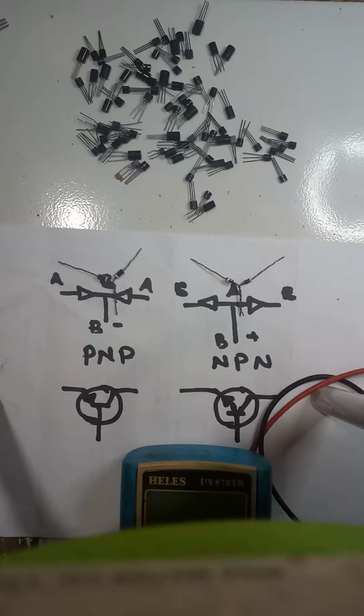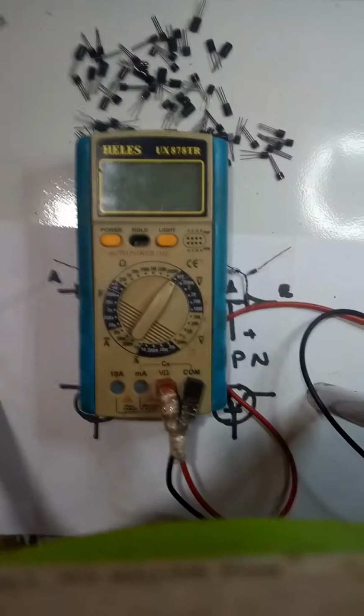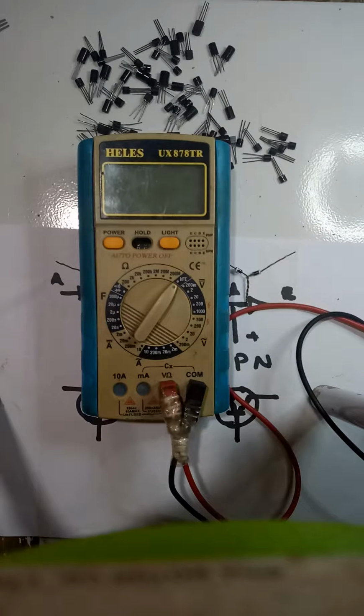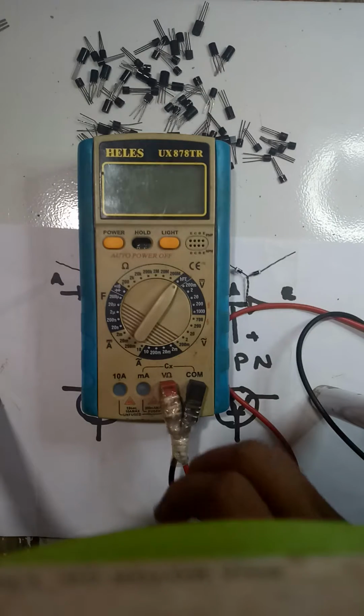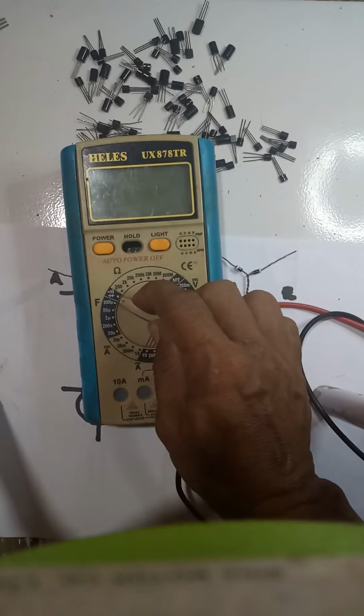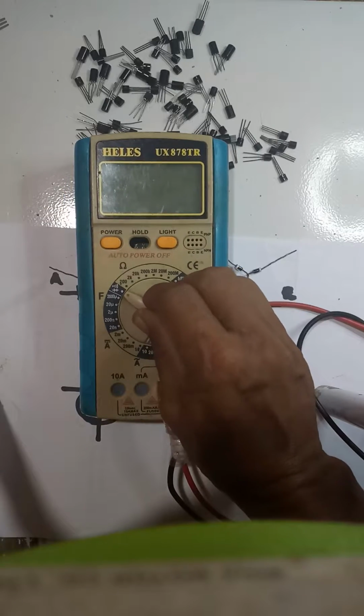Now let us measure a transistor to determine which is the base, emitter, and collector, and to know the bad or good condition of the transistor. Set the selector to the diode symbol on the ammeter, like this.